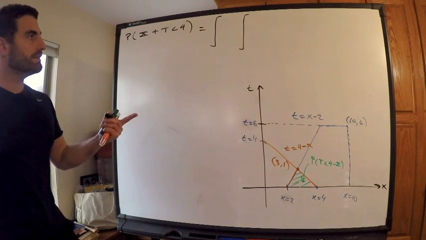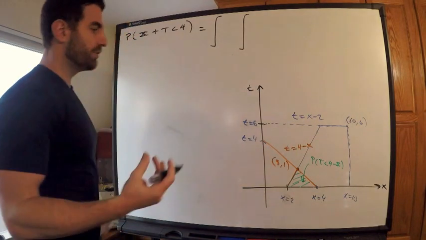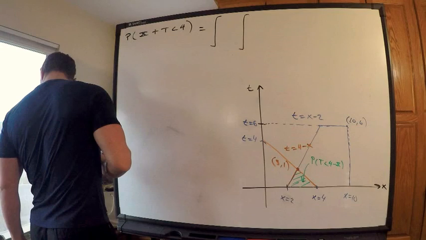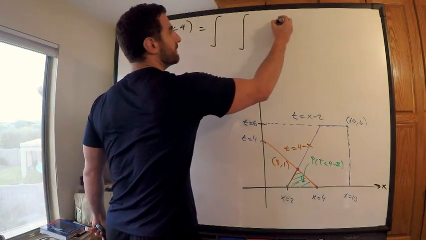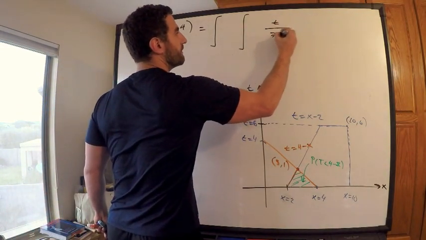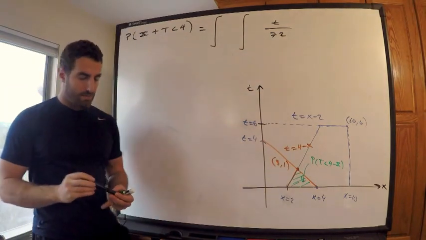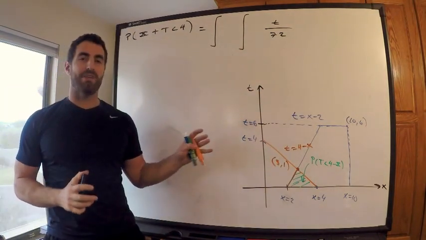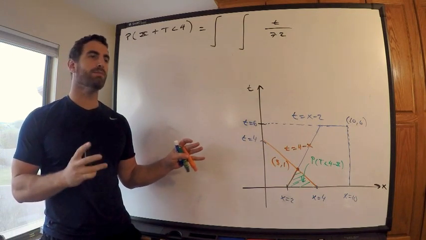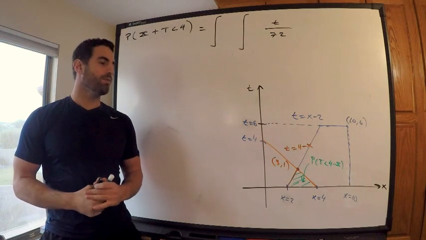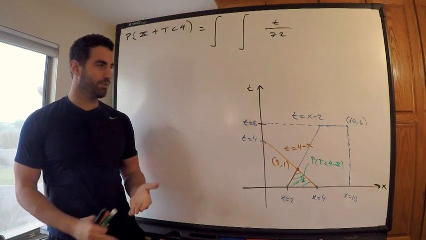The integrand is exactly the joint density function. The joint density function we found was t over 72. Now this is where it's valuable to have my picture. Because what is going to be more convenient? Do I want to integrate with respect to x first or with respect to t first?